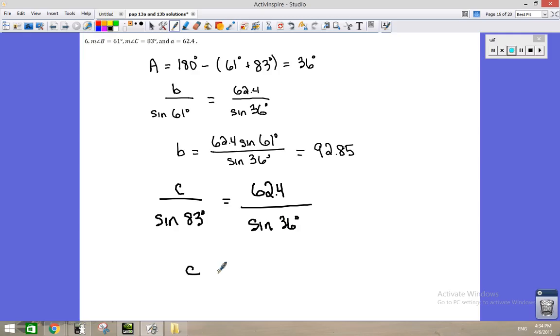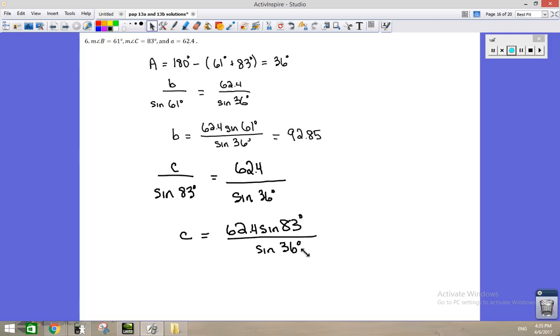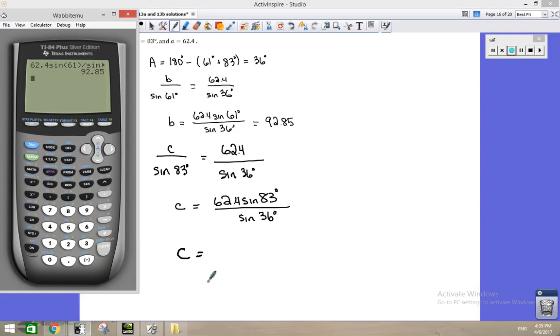So this length C is 62.4 times the sine of 83 over the sine of 36. I don't want to make any silly errors as I key this in the calculator. Make sure you're in degrees. Make sure you close parentheses.